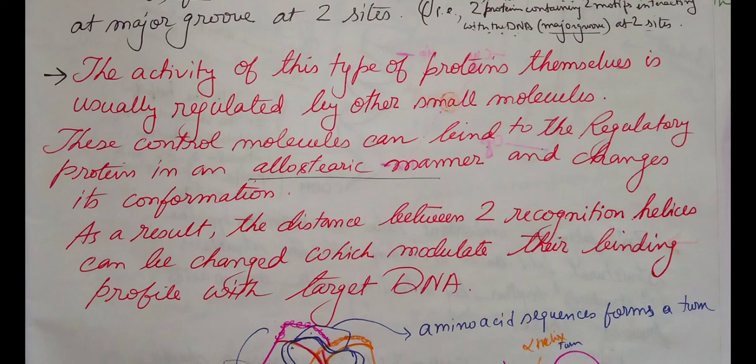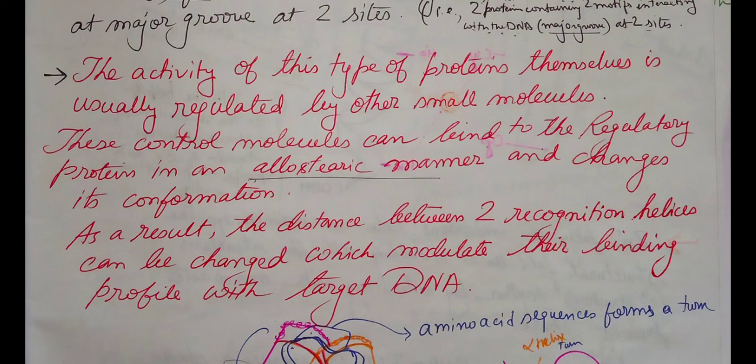So, the activity of this type of protein is usually regulated by other small molecules, because most of the proteins which have this helix turn helix motif form a dimer to become active. Now if some regulatory proteins come and interfere, that function will be stopped.